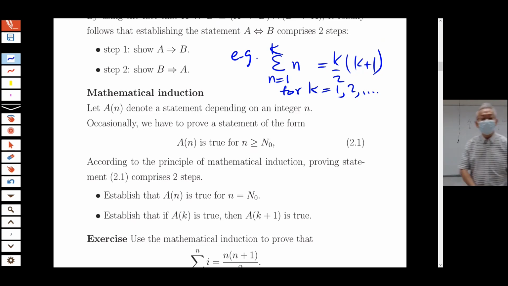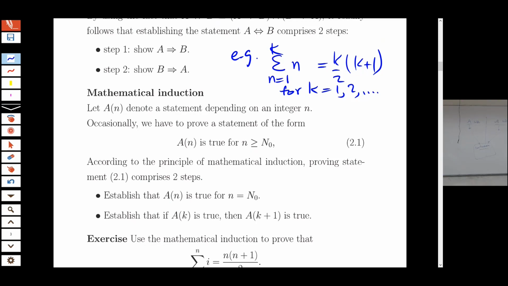So we use what we call the principle of mathematical induction to prove this. In the first step, we have to establish that the statement is true for the first case, n starting from n naught, then n naught plus 1, n naught plus 2, and so on.